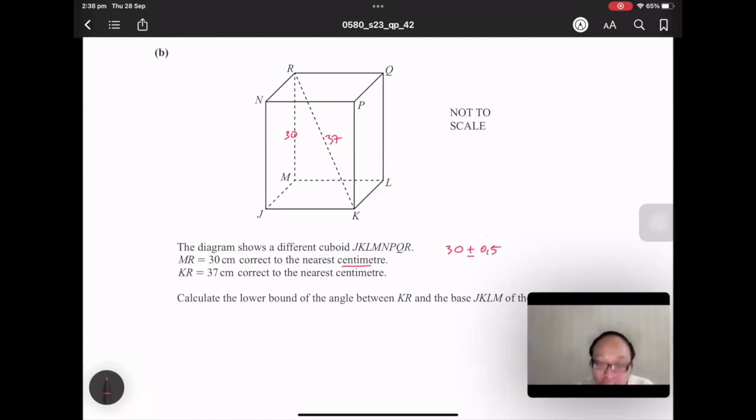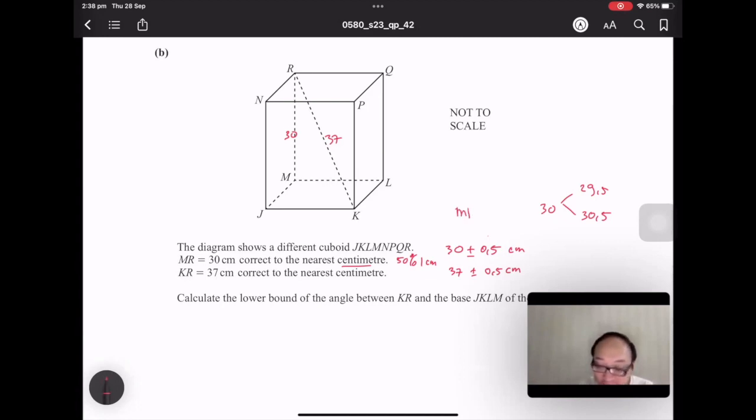Nearest centimeter means we have to find 50% of 1 centimeter, so it's plus or minus 0.5 centimeter. And the 37 is also plus or minus 0.5 centimeter. So that means the 30 can be 29.5 until 30.5. The 30 should be between.